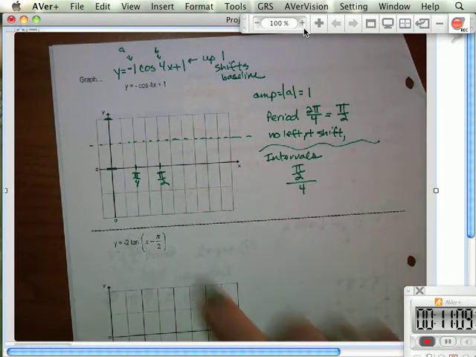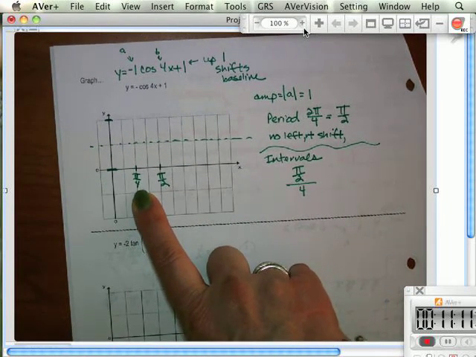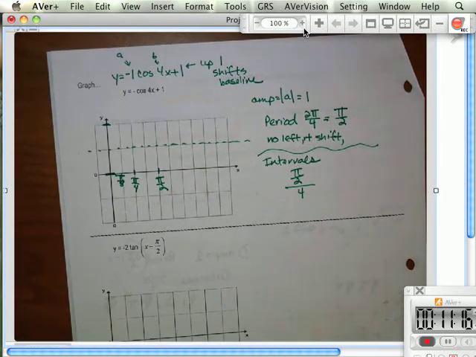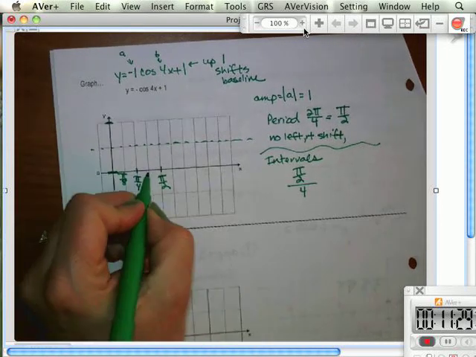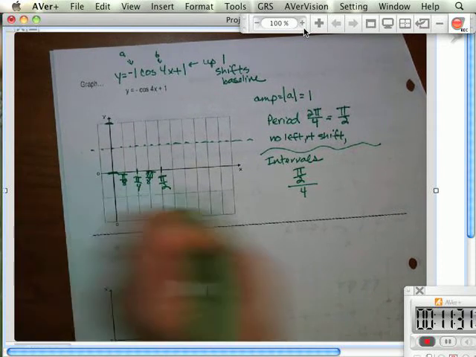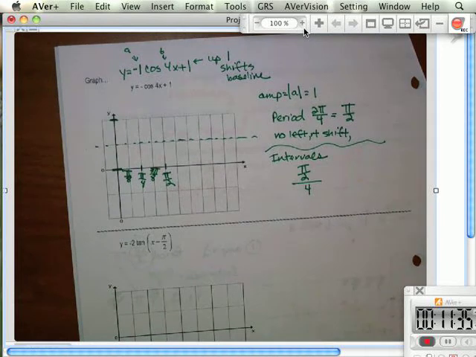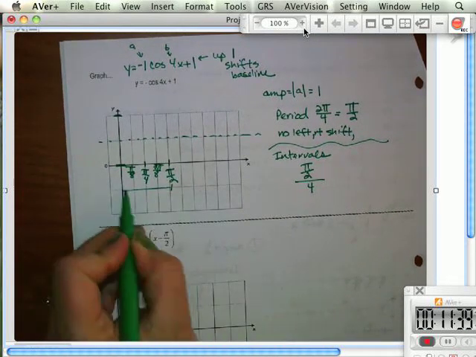What's half of 1/4? So this would be pi over 8. Now the only tricky thing about this is you have to realize, okay, I've got to go 3 over. So what's 3 of these going to be as a fraction? 3 pi over 8. Okay. And you would get that same thing if you divided by 4 and wrote it out like we did before. So there's our period. There was no left or right shifting.